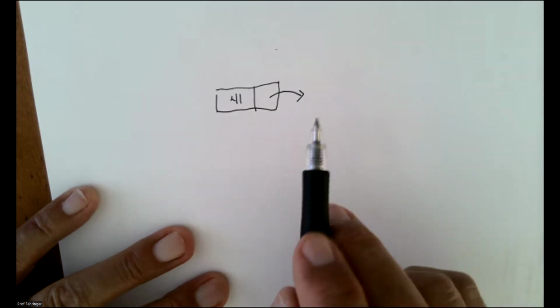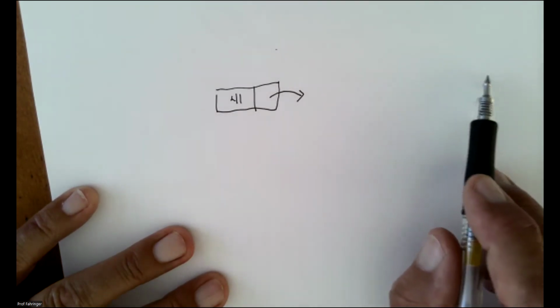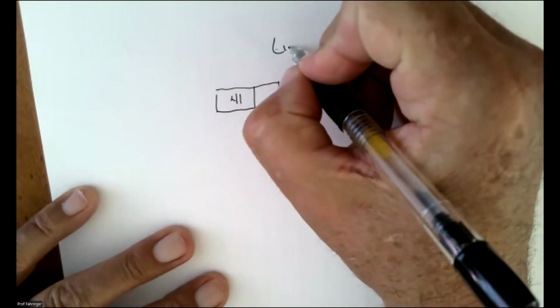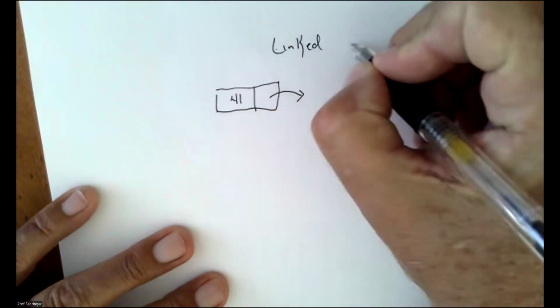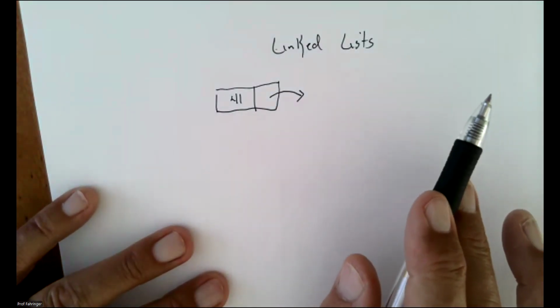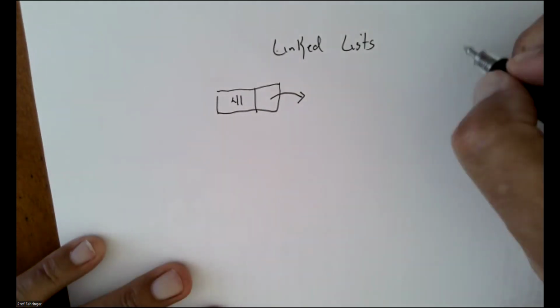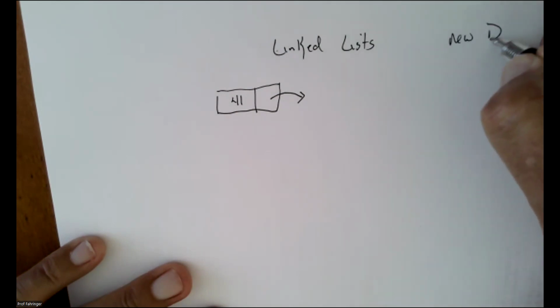So it's similar to the concept of vectors, but once we learn this idea, and it's called linked lists, it opens up this vast world of how I can search, how I can sort, how I can work with trees, all these different new data types.